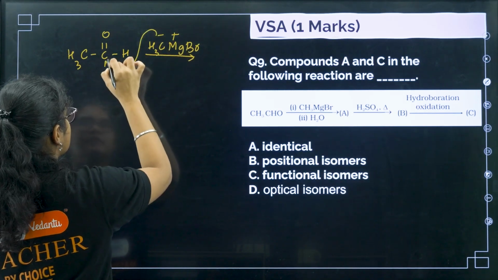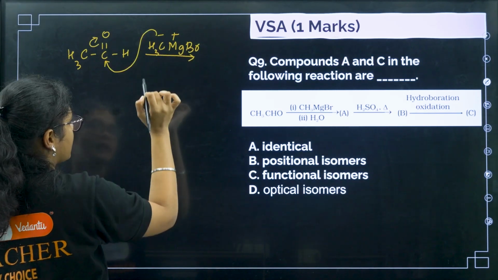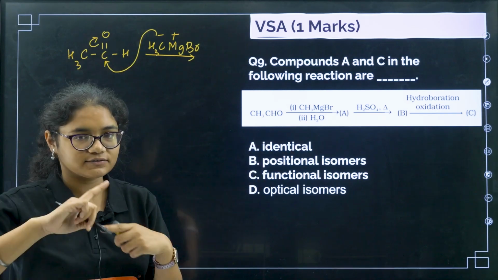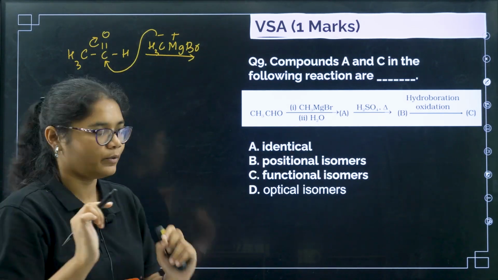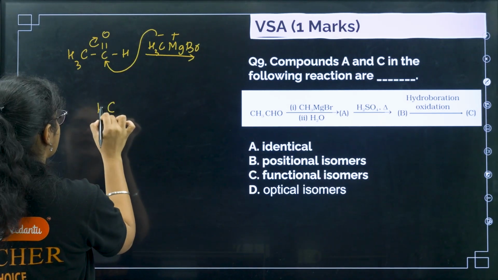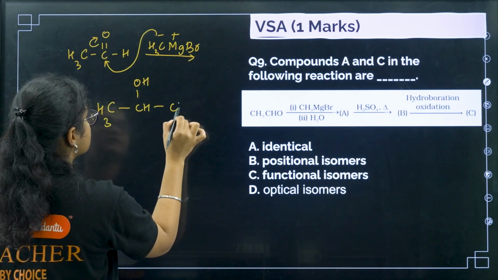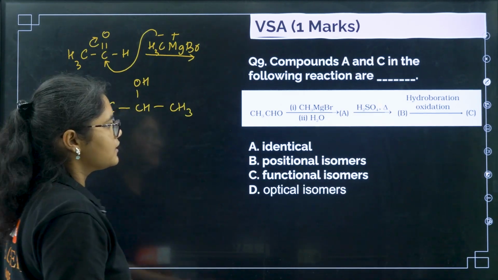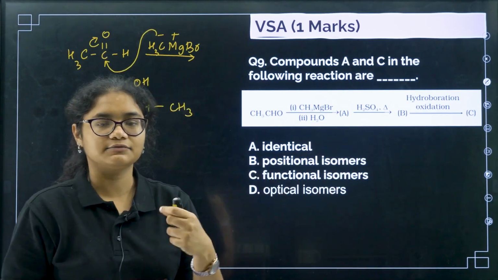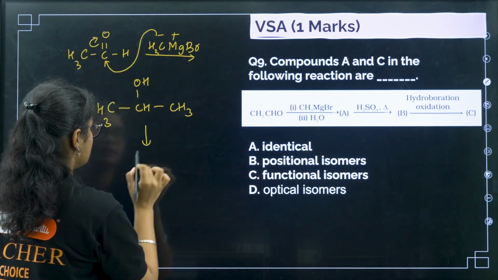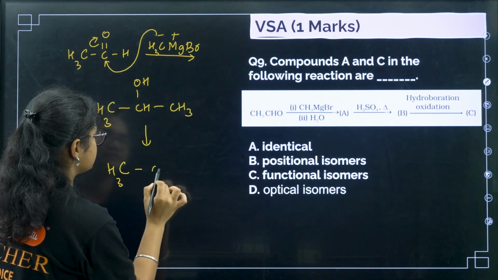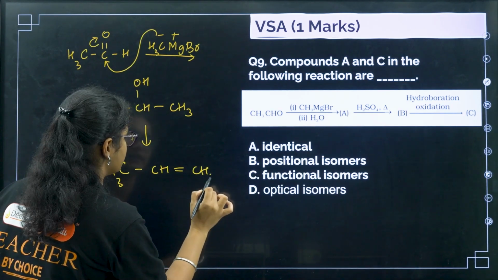This one will attack here, O minus will take MgBr, and after hydrolysis OMgBr gets converted to OH. So what I'll get is CH3 CH(OH) CH3. Now H2SO4 and heating, that is dehydration. So what will be B? I'll be getting propene here, CH3 CH=CH2.